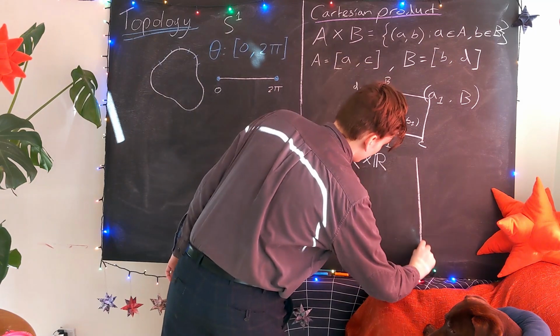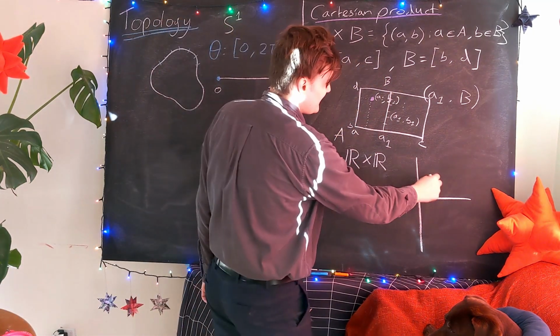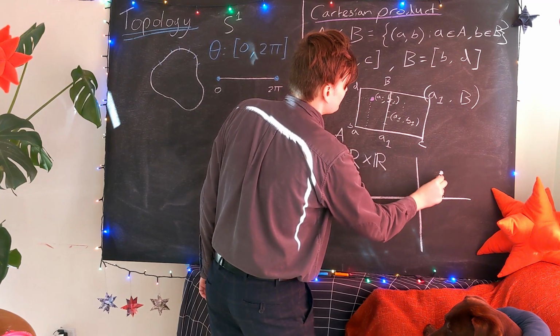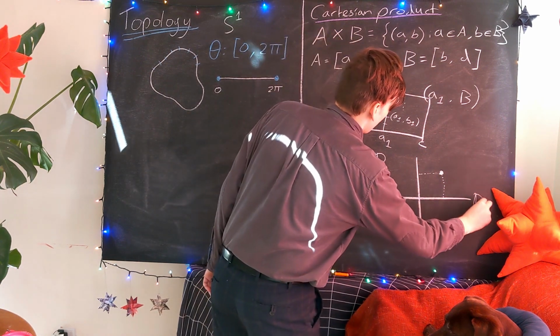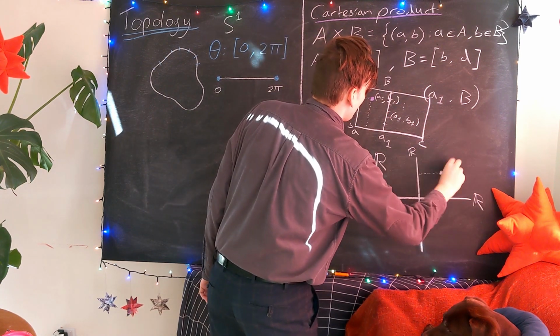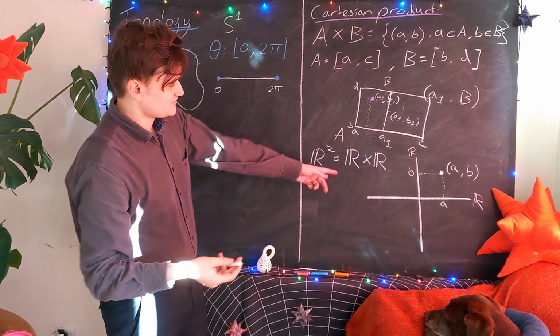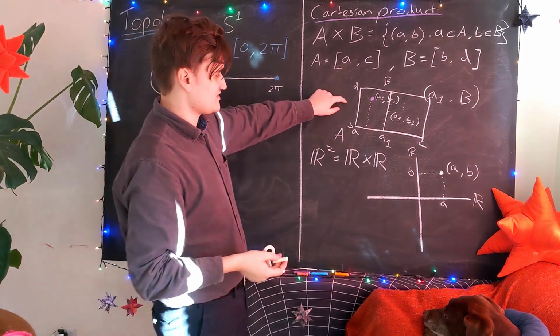We can draw this like that, and then any element in this R2 is just going to be a pair of real numbers, one coming from the first R and one from the second R. So this is exactly the same object that we've constructed here, this Cartesian product.